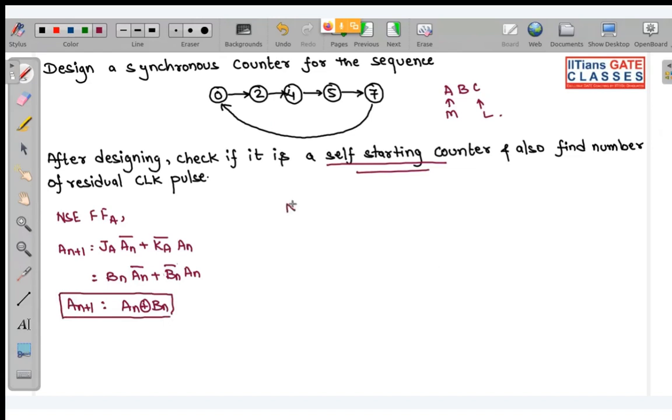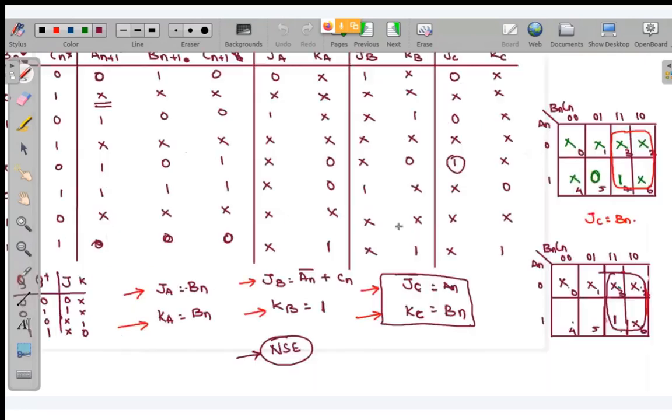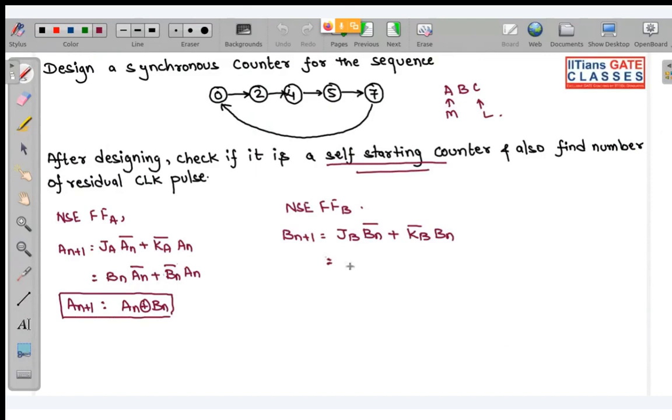Next is the next state equation of flip-flop B. So that will be Bn plus 1 is equal to Jb Bn complement plus Kb complement Bn. What is Jb? Jb we have An complement plus Cn, into Bn complement, plus Kb.